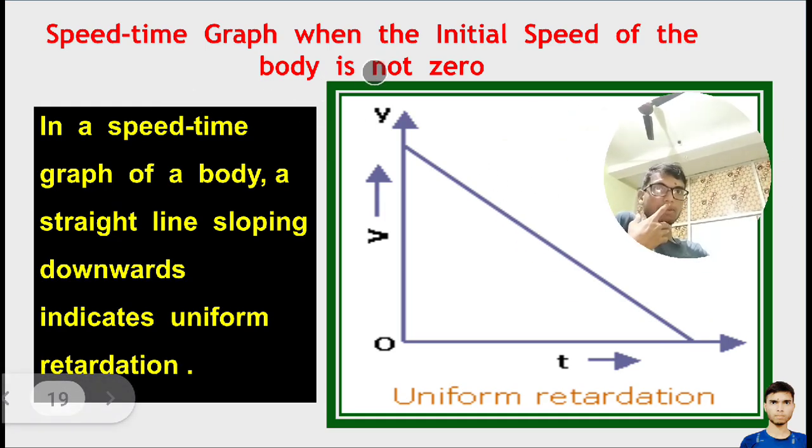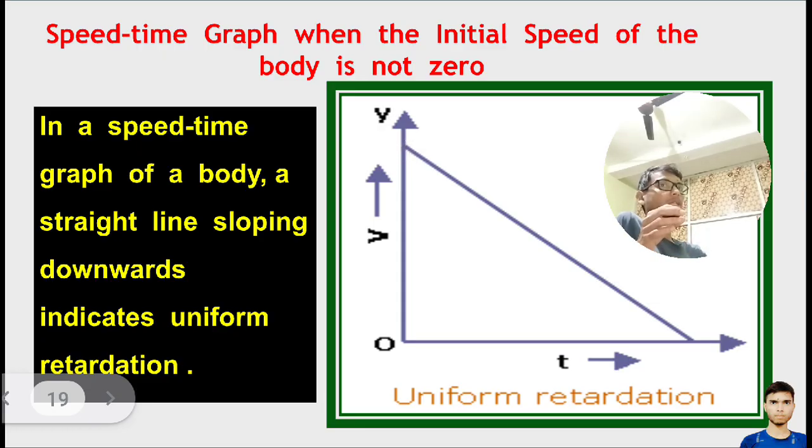A speed time graph when the initial speed of the body is not zero. In a speed time graph of a body, a straight line sloping downwards, from here to here, indicates uniform retardation. It is telling you the initial velocity of this object, which is here, is not zero. If it is not zero, then of course it would be more.